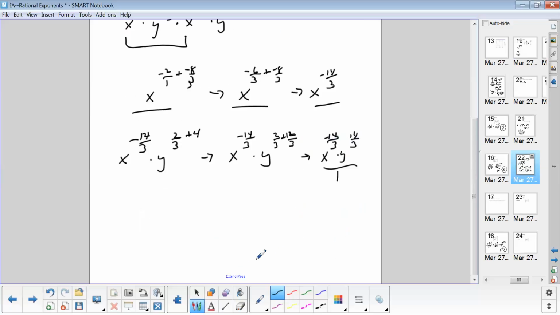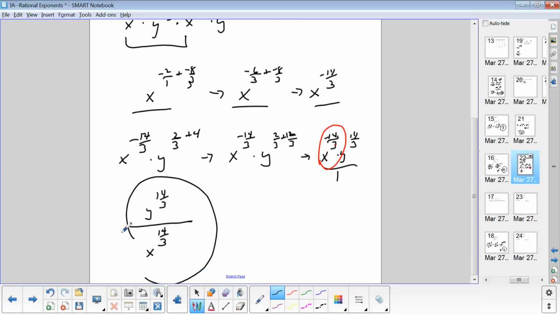So when you look at this, you see that one of them has that negative exponent, and it's right there. So that one will use the reciprocal and move to the denominator. So you'll have x to the 14/3, and y stays in the numerator to the positive 14/3.